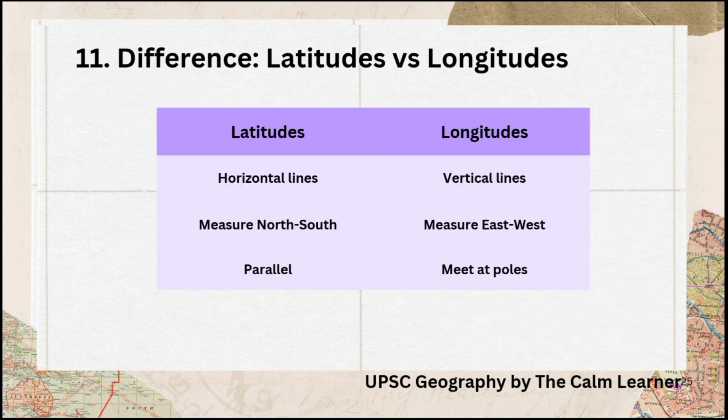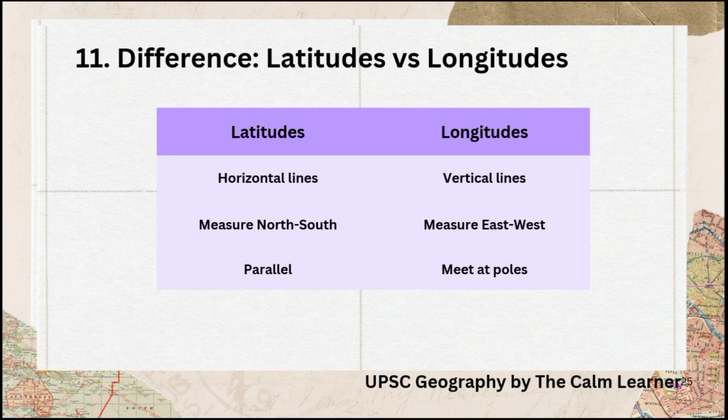Now let's wrap up by revising the differences between latitudes and longitudes. Latitudes run from east to west and measure distance north or south of the equator. They are the horizontal lines.